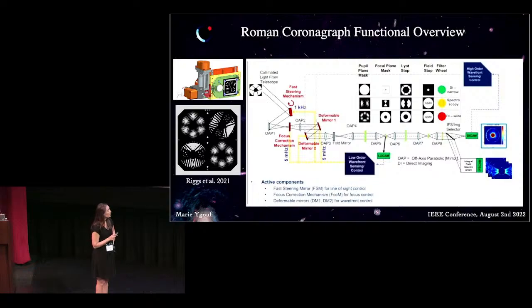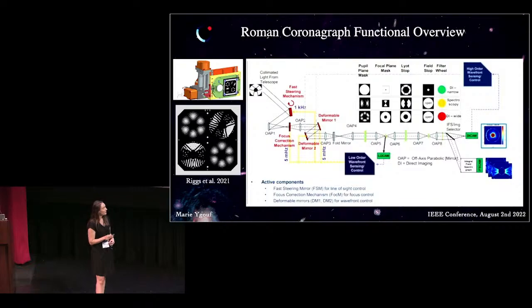And you have the pupil plane mask, the focal plane mask, the Lyot stop, as I was explaining before, and also the field stop. So that's the coronagraph. And as I was saying before, those coronagraphs are real gems because they are really designed to handle the very tricky aperture of the Roman telescope.